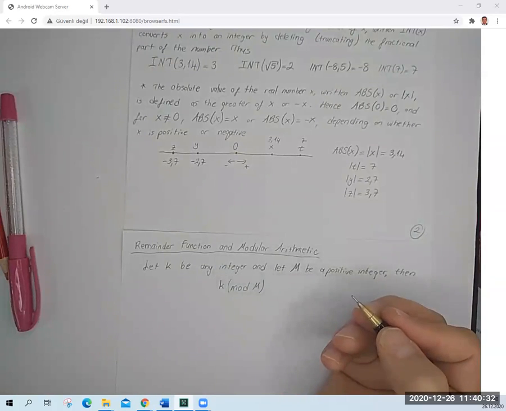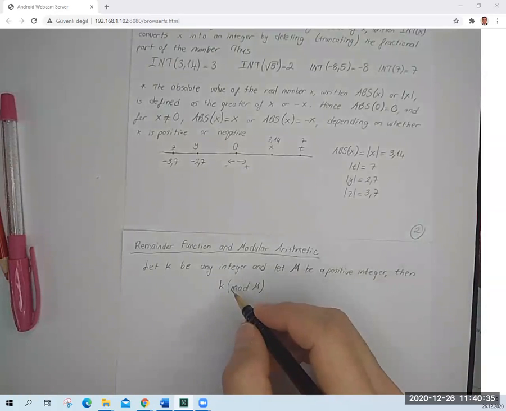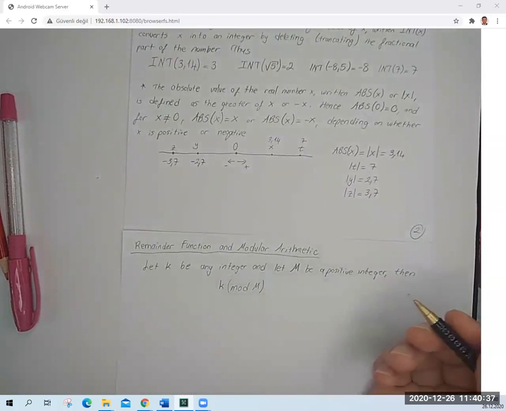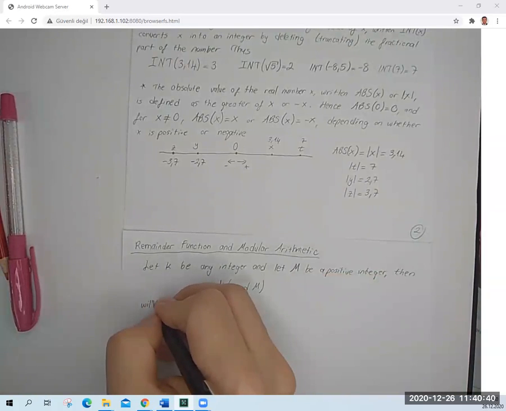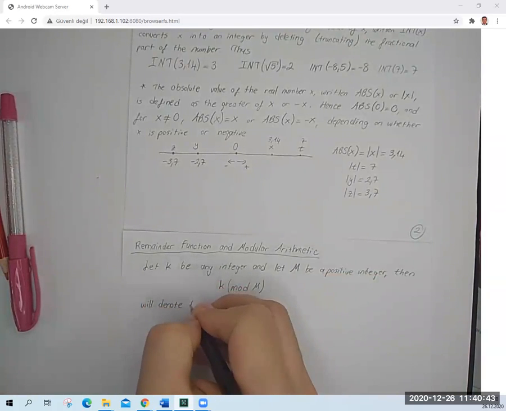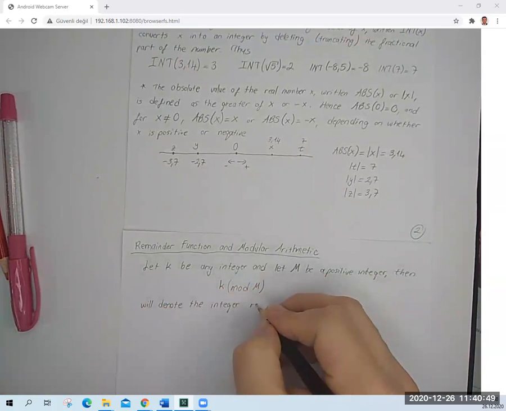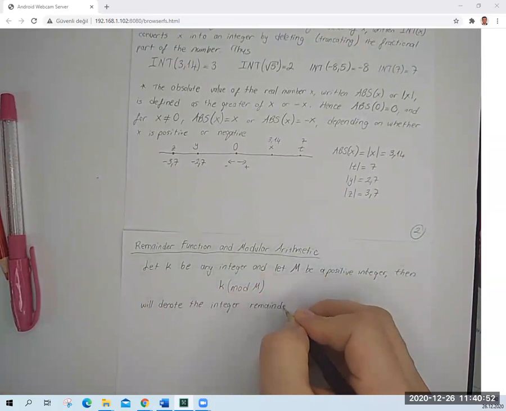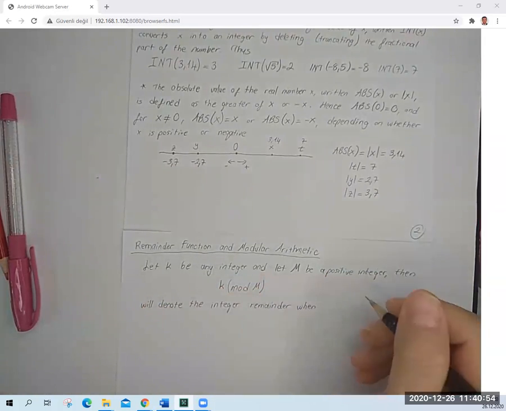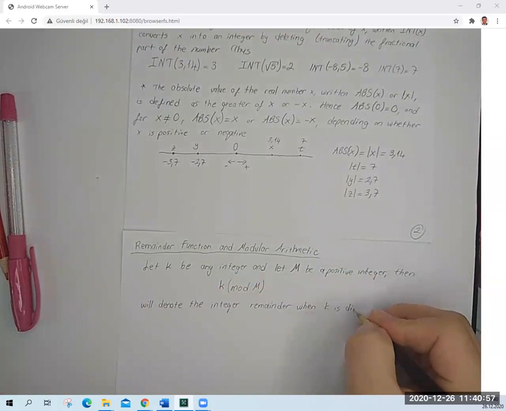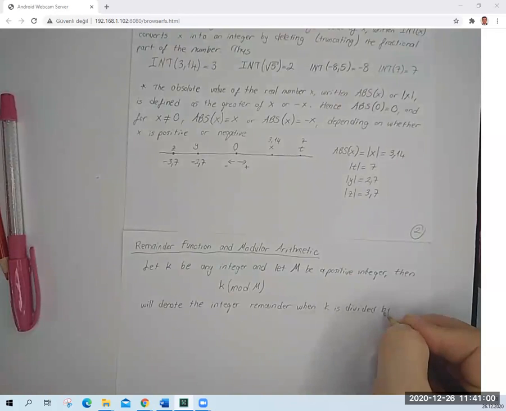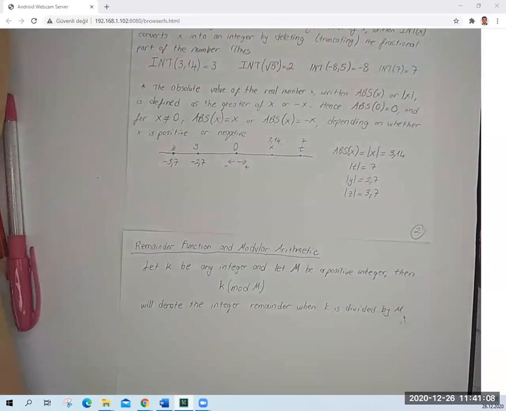So this is the notation, and we will read that as k modulo m will denote the integer remainder when k is divided by m. Okay, here is the end of the sentence.